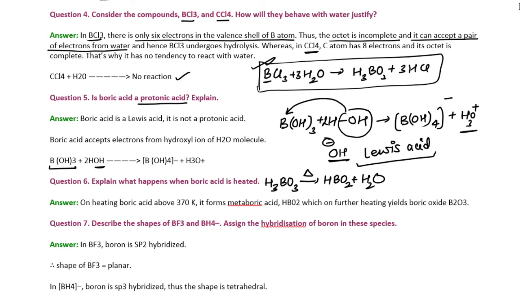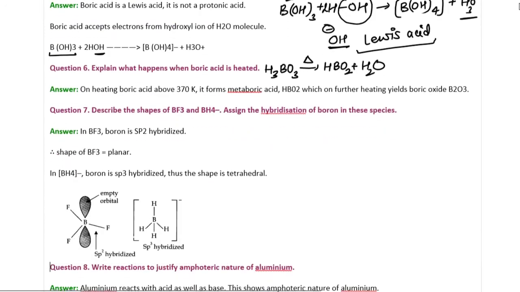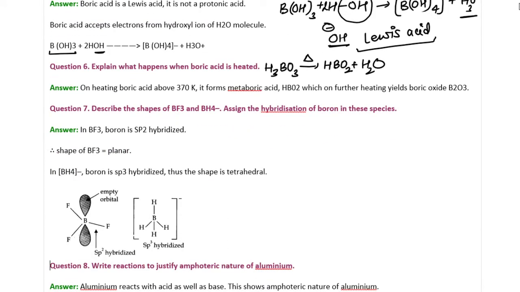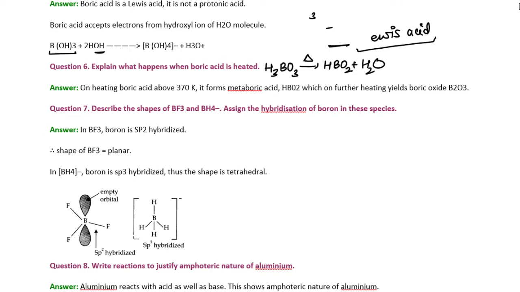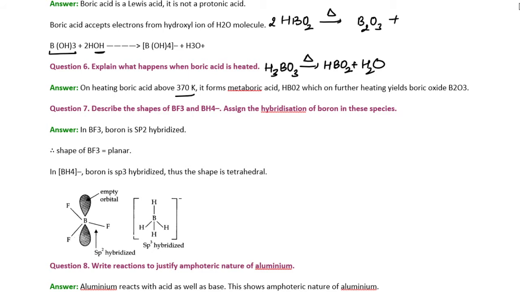After getting metaboric acid, when it is further heated above 370, we get boric oxide along with water.